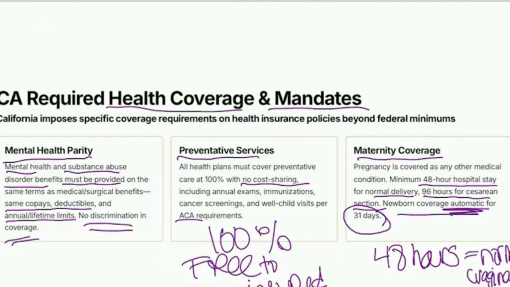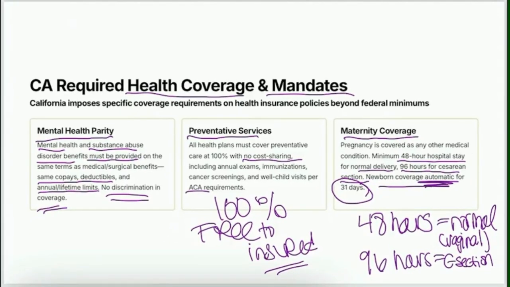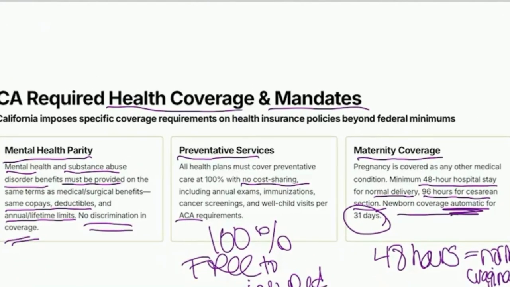It's impossible, right? So they allow that the newborn baby is covered as a person on your policy immediately at time of birth for 31 days. You've got 31 days to then add them to the policy. Okay? They love, love, love both of those questions. So make sure you are comfortable with that.